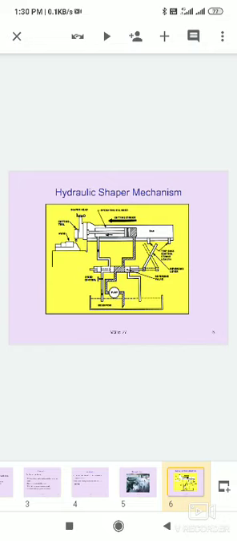It has two dogs, reversing lever, throttle valve, oil pump. Oil pump means gear pump, and it has three valves in the cylinder. It has a large cylinder, and it has two cylinders.